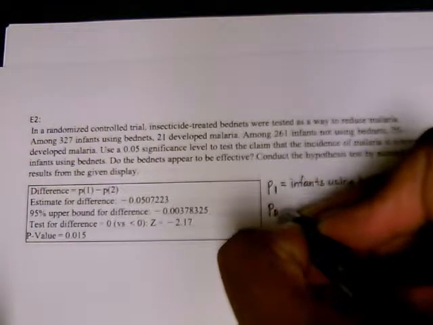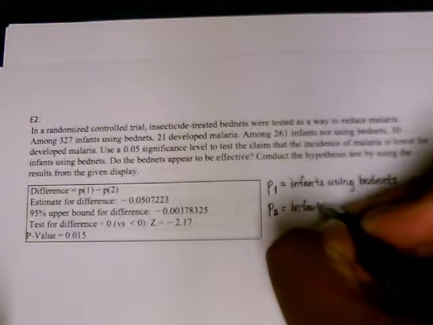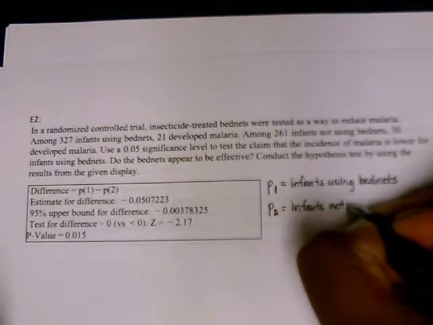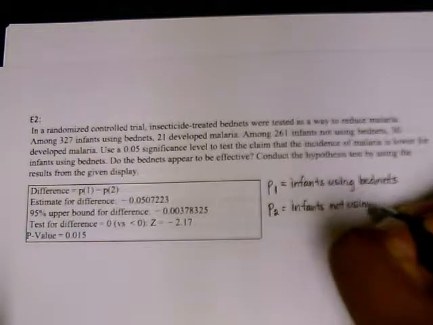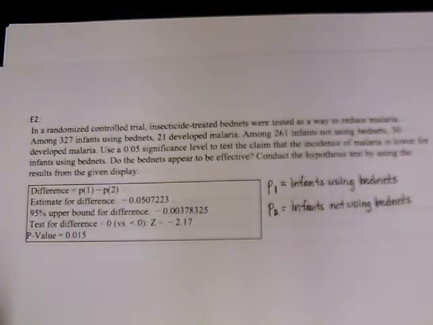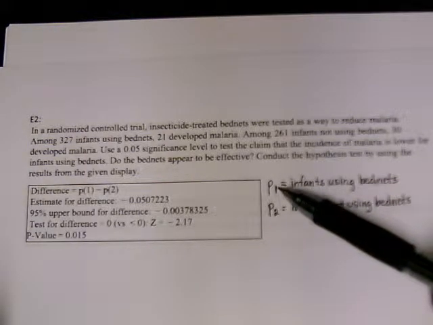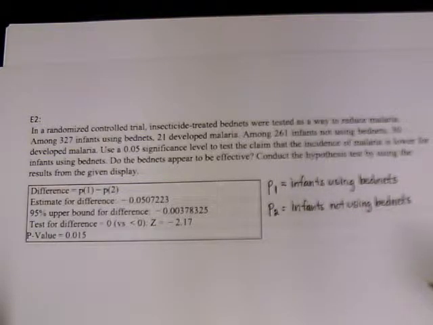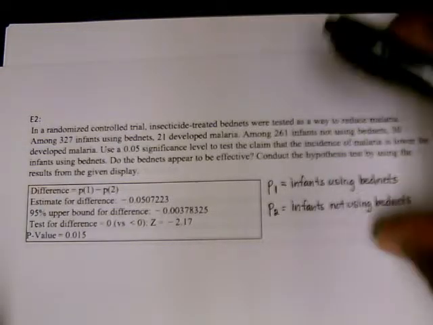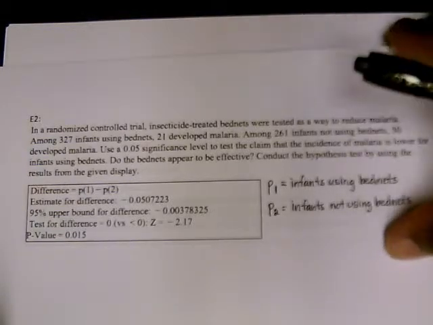P sub 2 will be the proportion of infants not using bed nets. So P1 would be the proportion of infants that were using bed nets, and P sub 2 would be the proportion of those infants not using bed nets. Okay, so let's go ahead and start the 8-step procedure for hypothesis testing.